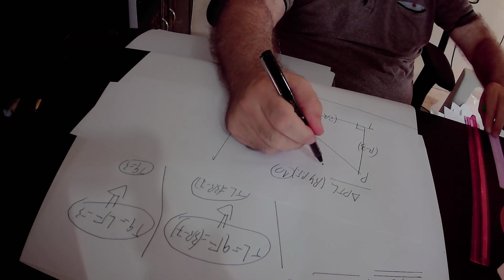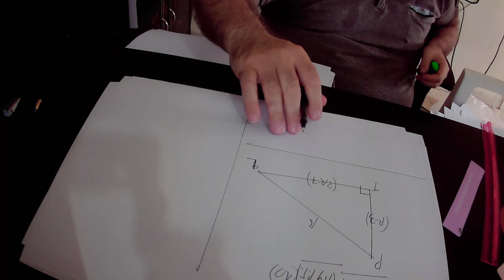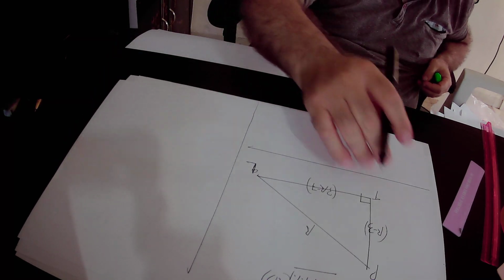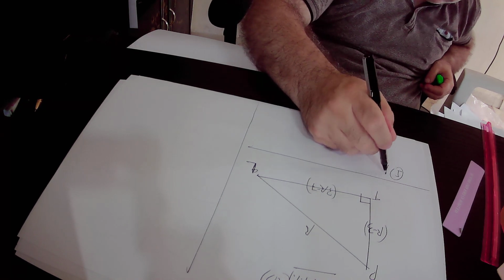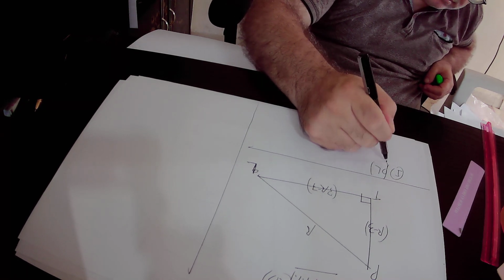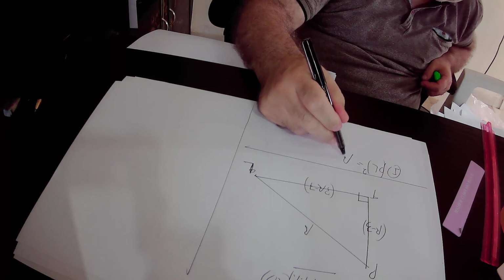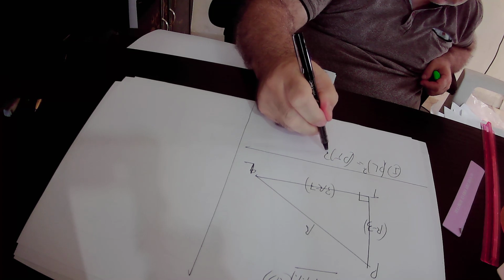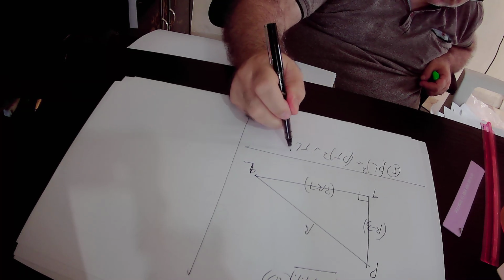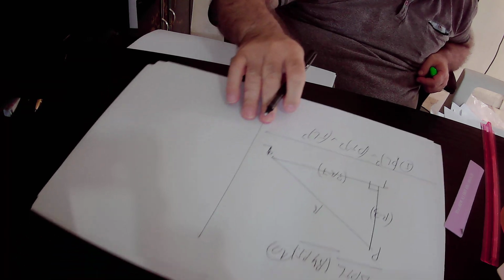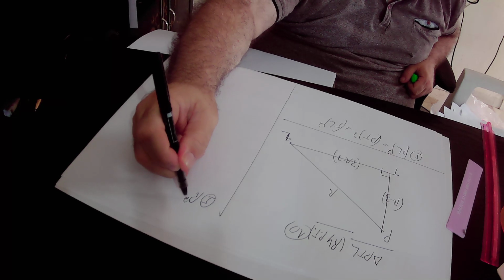PL equals R, therefore PL square is R square.